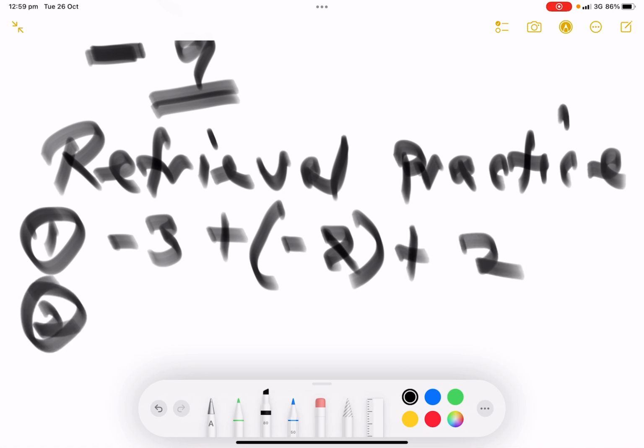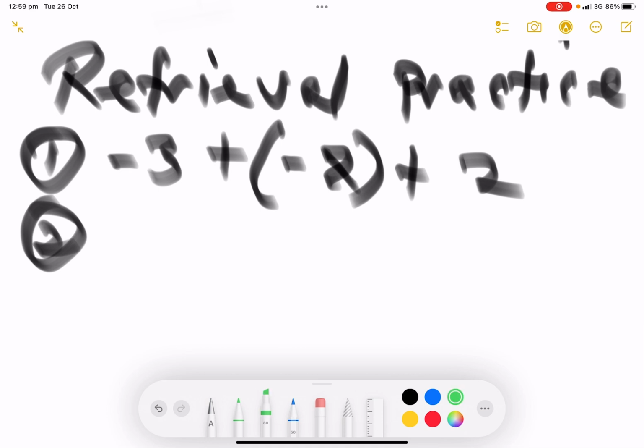Number 2, let me change the color to green. Number 2: plus 2 minus 1 plus -1 plus -5.